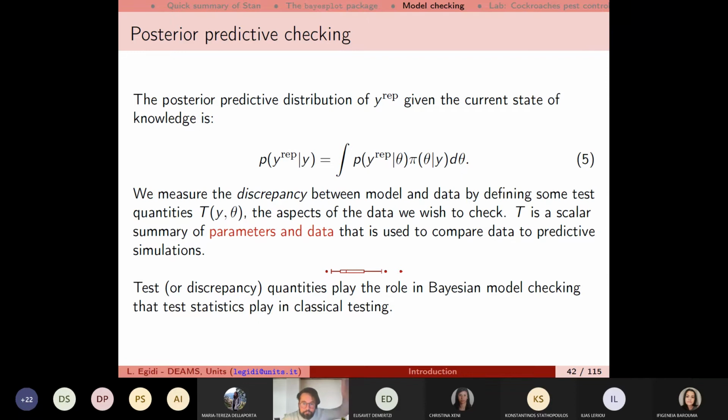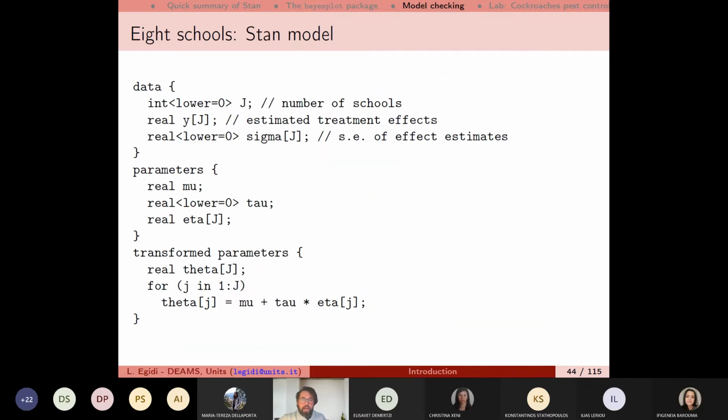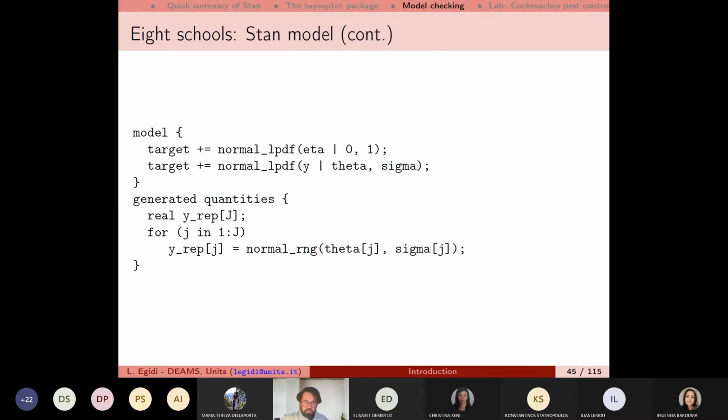So for each step of the Hamiltonian, for each step of the Markov chain algorithm, I should then obtain a new data vector according to my likelihood given the values theta obtained from the posterior distribution. This is more difficult to say than to apply, because this is basically translated, in the generated quantities block, to storing a Y-rep vector.